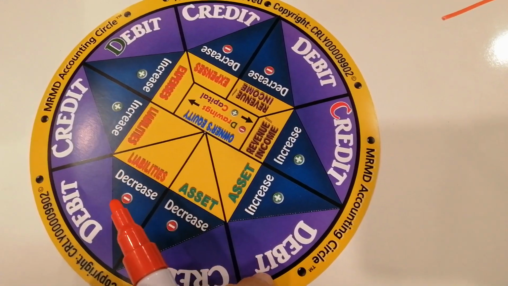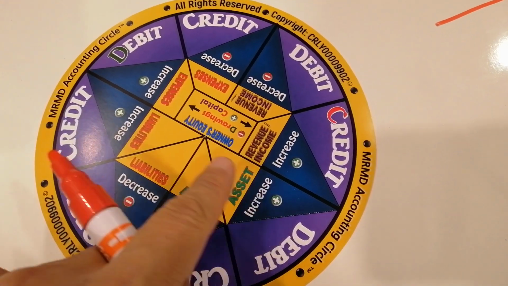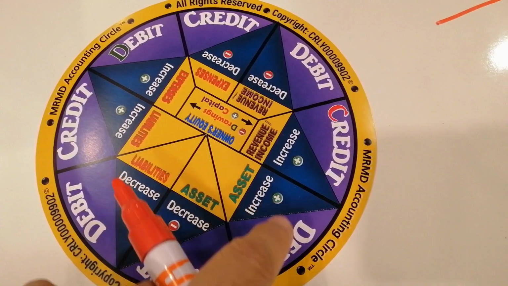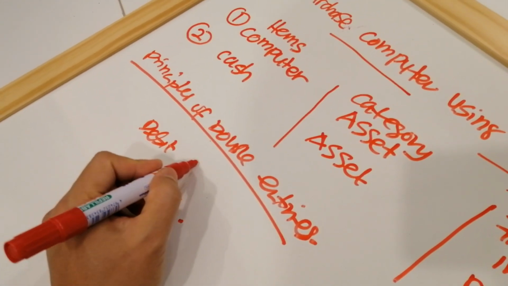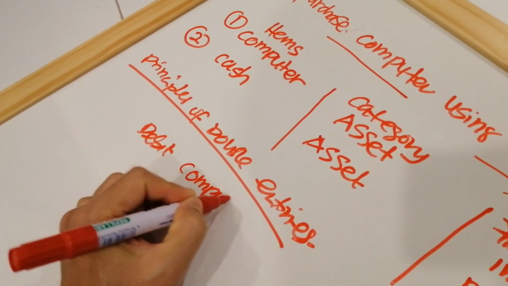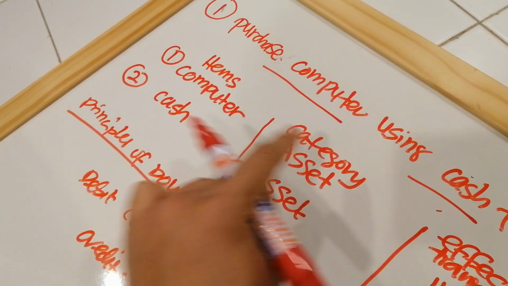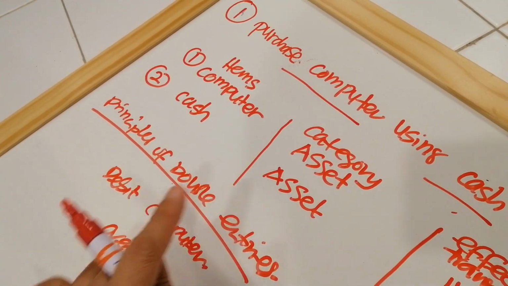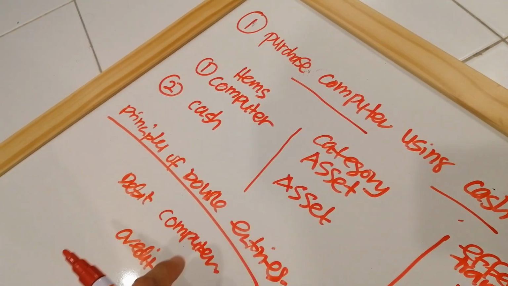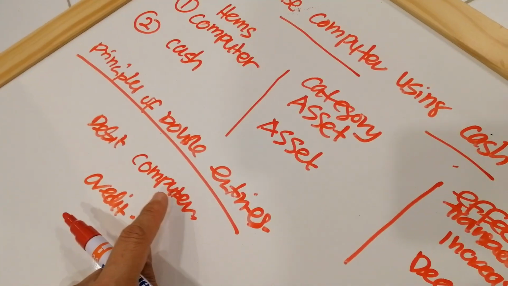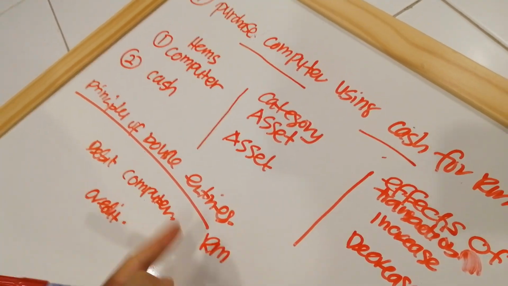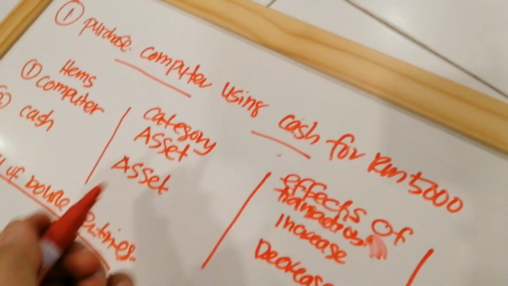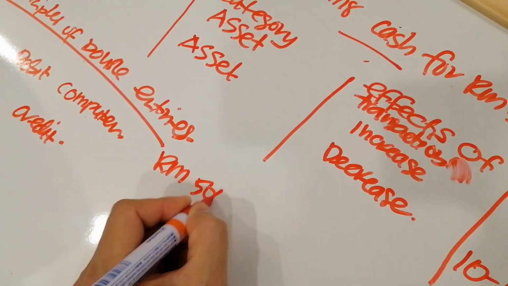Kalau asset increase, we record under debit. So you go to debit side, you record debit, the name of the item. Jangan record debit asset. Okay, we debit dia punya items name because the asset name here is computer. So we put here computer, and then you put the figures, how much depends on your questions. 5,000, so you put here 5,000.